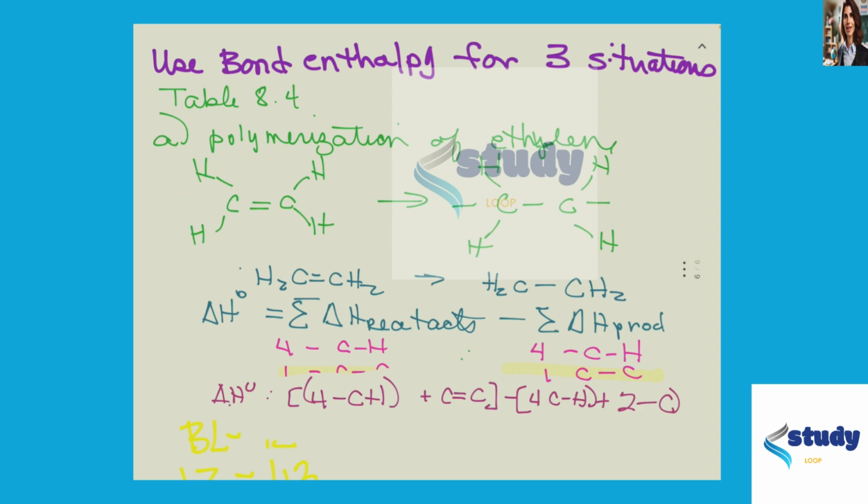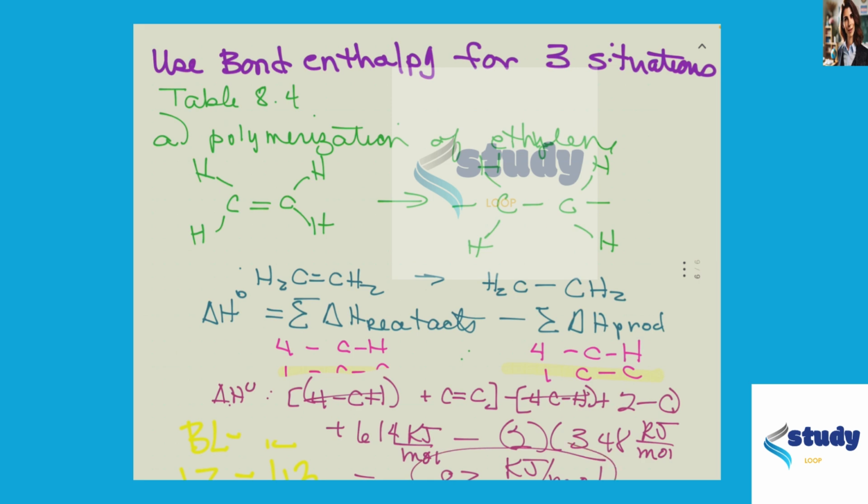Okay, so now I can do this. These will still cross out, and I'm going to end up with 614 kilojoules per mole minus 2 times 348 kilojoules per mole. And these values I just looked up in a table. And we get negative 82 kilojoules per mole for our first substance.